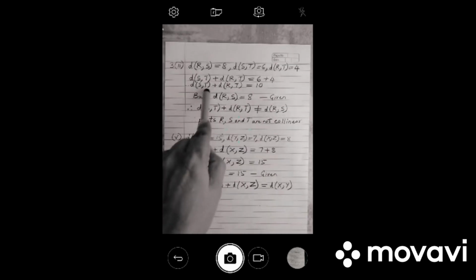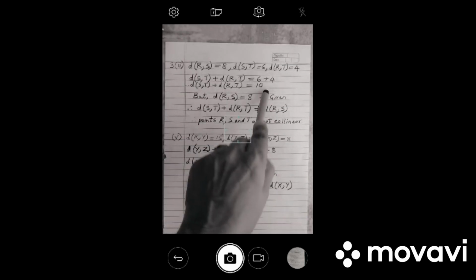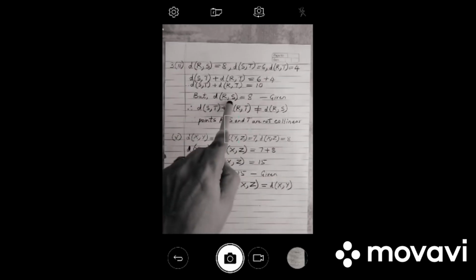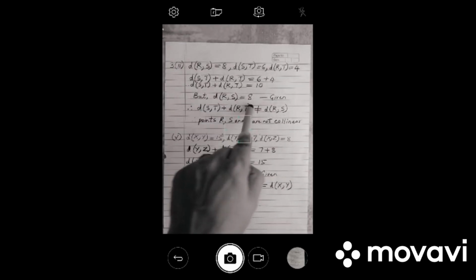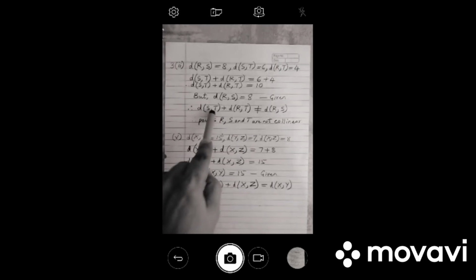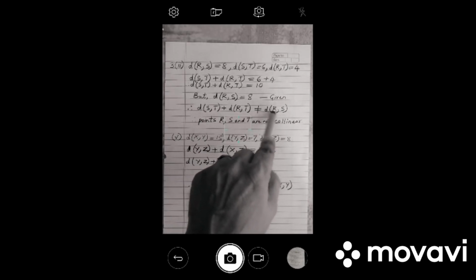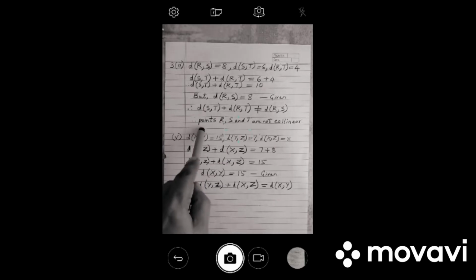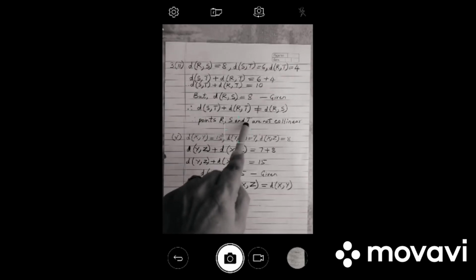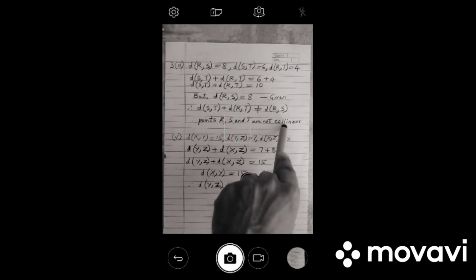That is distance ST plus distance RT is equal to 10. But distance RS is given as 8. So obviously it is not the same. Therefore distance ST plus distance RT is not equal to distance RS. Therefore the points R, S and T are not collinear. So we have to make sure that we write this.